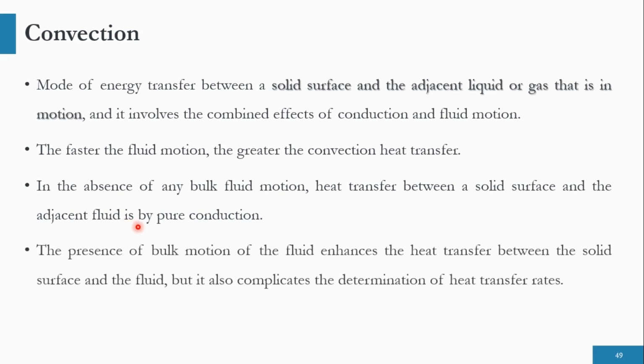The presence of bulk motion of the fluid enhances the heat transfer between the solid surface and the fluid, but obviously it will complicate the heat transfer rate calculations, which we will see in our upcoming lectures. This is the overall concept of convection.